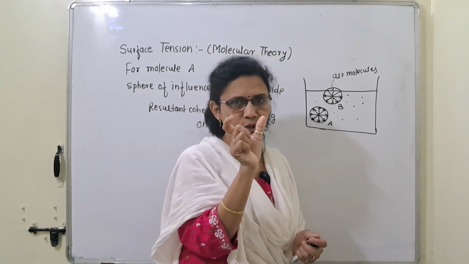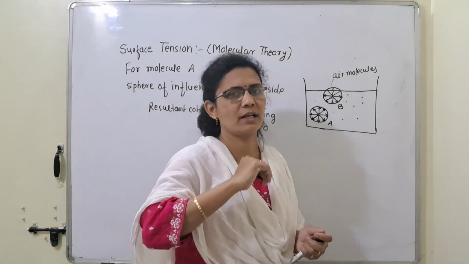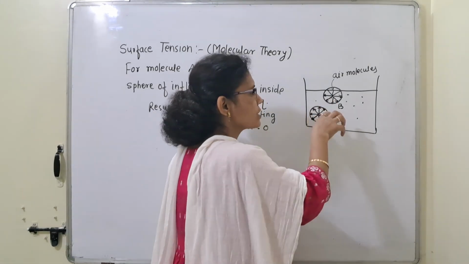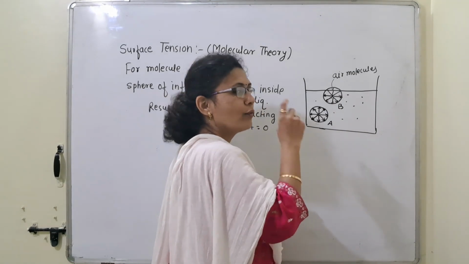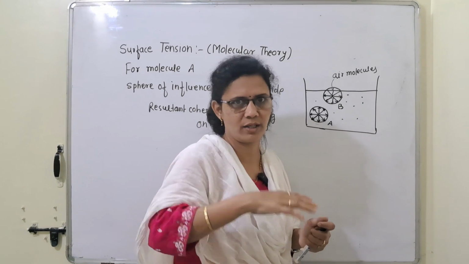ऍडेसिव्ह फोर्सची जी व्हॅल्यू असणार आहे ती कम्पेअर टू कोहेसिव्ह फोर्स काय असणार आहे? कमी असणार आहे, लेस असणार आहे. सो हिअर द रिझल्टंट फोर्स ऑर नेट फोर्स विल बी कोहेसिव्ह फोर्स अँड दॅट फोर्स विल बी इन डाउनवर्ड डिरेक्शन.